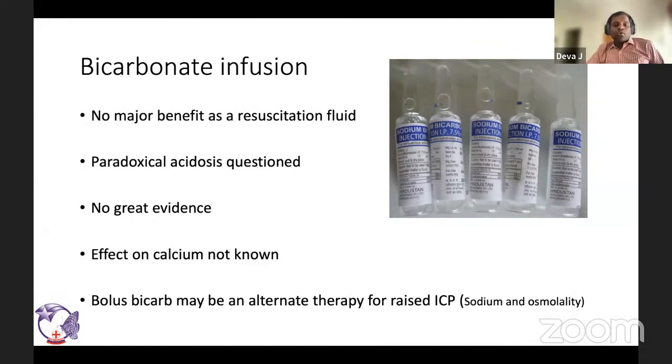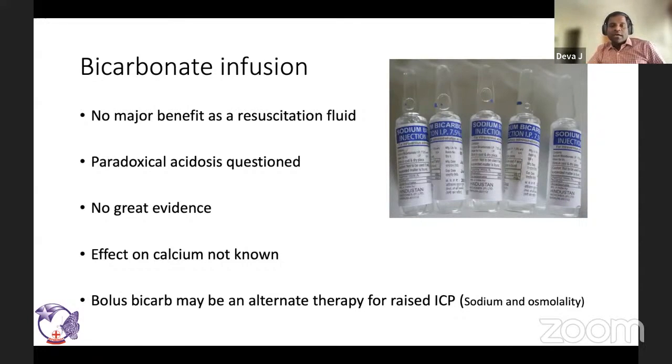There's absolutely no benefit as a resuscitation fluid. It can cause paradoxical acidosis. You can look it up, what paradoxical acidosis is. It's a theoretical concept. It has been questioned. We don't know whether the paradoxical intracranial acidosis exists. There's no great evidence that bicarbonate helps in trauma resuscitation. And if you start giving bicarbonate, you don't know how much to give initially.